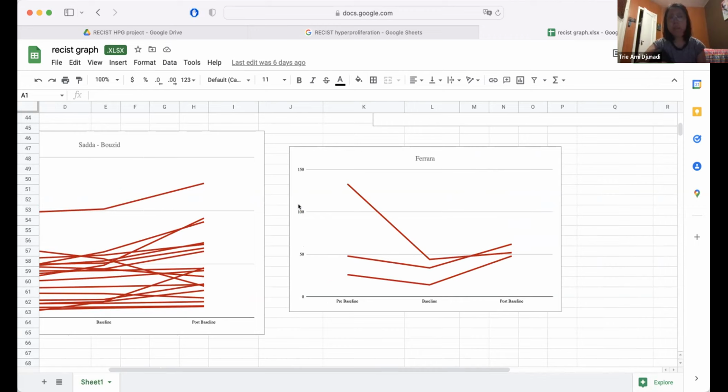Also, for the hyperprogression criteria, when we make the graph, if we use RECIST criteria, we only use the target lesion as the sum. But last week, Dr. J suggested we add the new lesion to the total sum, so not only the target lesions but also the new lesion.